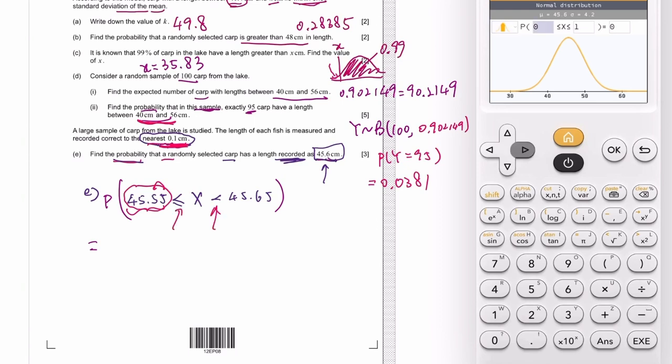When you write the lower bound and upper bound, it kind of makes a difference, but when you type into the normal CD, it makes no difference. What's the answer? 0.00094984. I guess I'll write more than 3 sig figs. They won't penalize you for that.